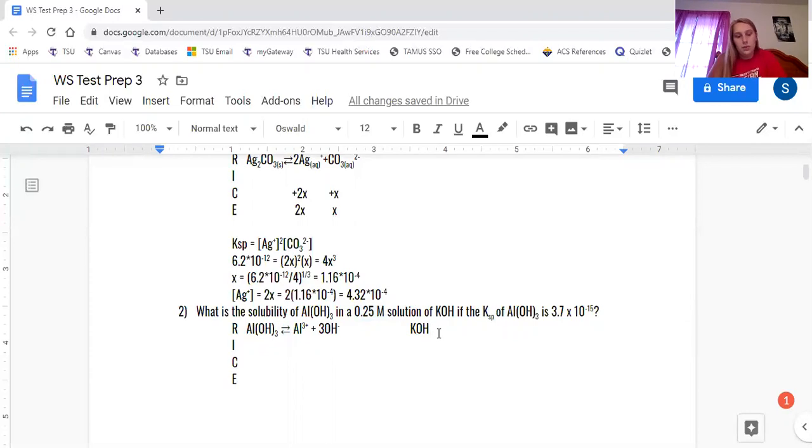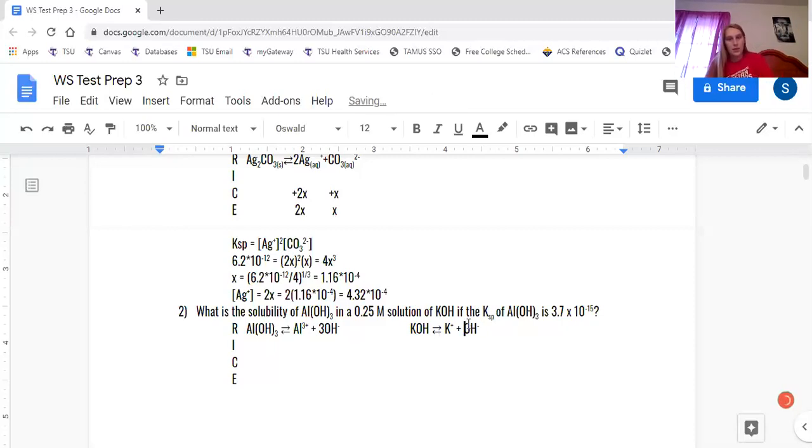So you're going to have K pluses, and you're also going to have OH minuses. Well, OH minuses, since those are the same as what you have in the other, you have to include that. So we're going to have some OH minuses.